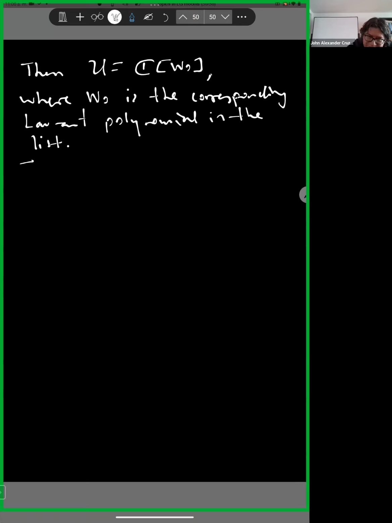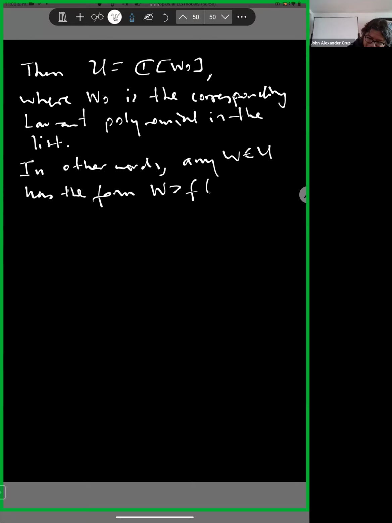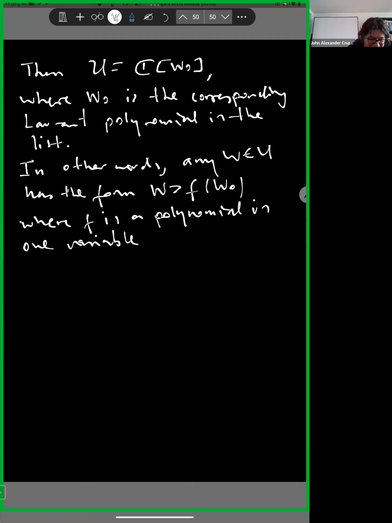So in other words, you take any polynomial in the upper bound, sorry, in the cluster, it has the form F of W0, where F is just a polynomial in one variable. Okay.